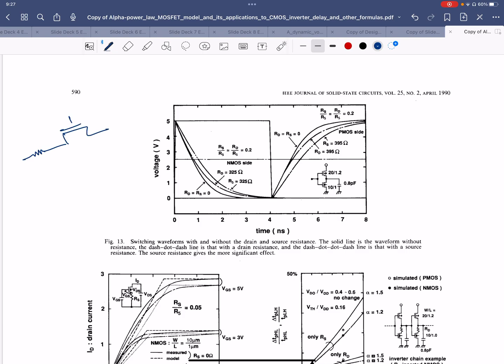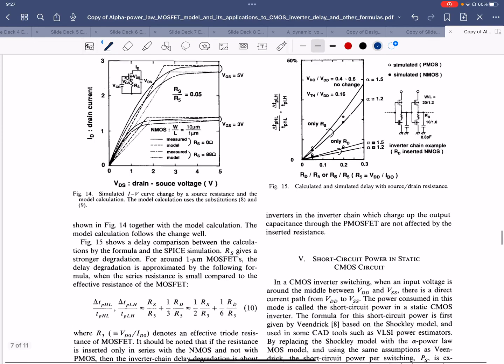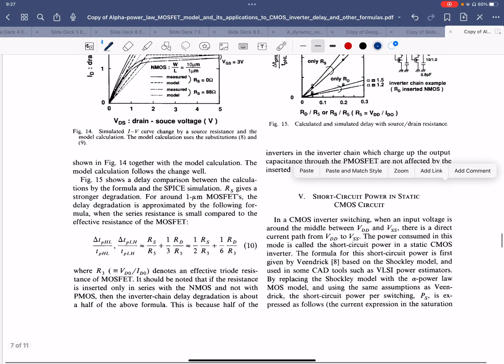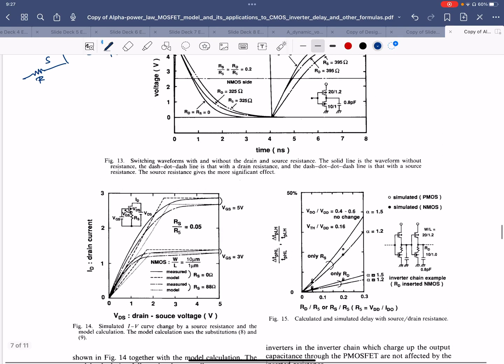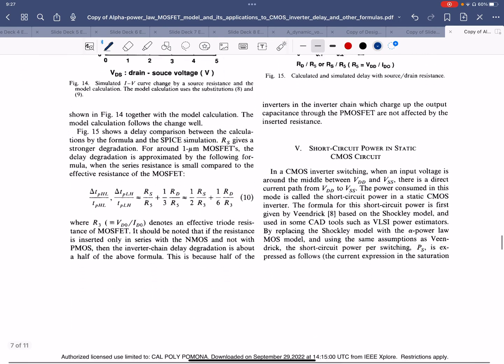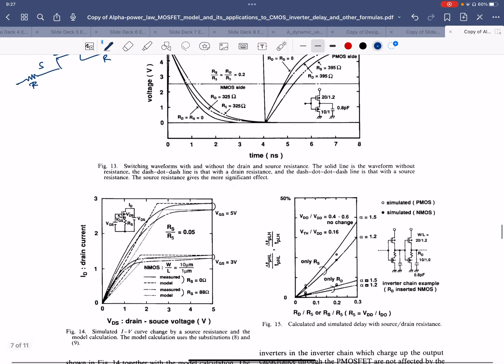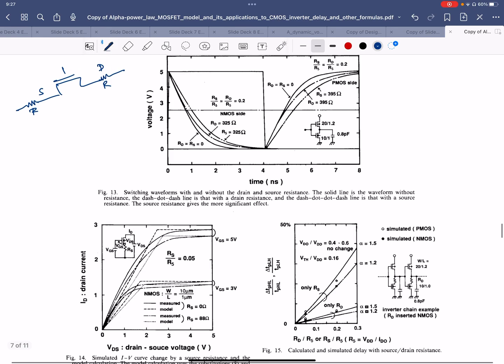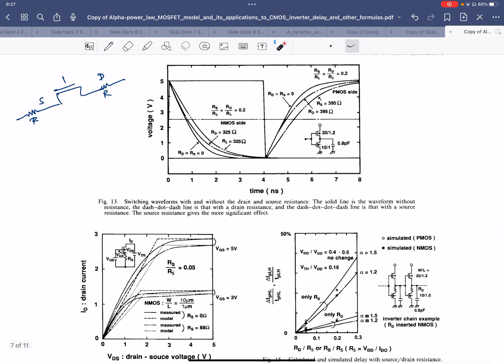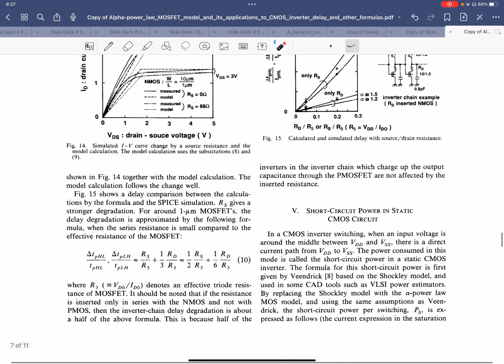So if you have resistance on the source side, why wouldn't it have the same effect on the drain side? But it turns out resistance is much, much worse on the source than on the drain. And this gives some reasons why and a description of what happens. It gives you a hint as to how to lay out your device to minimize the source resistance of your devices.